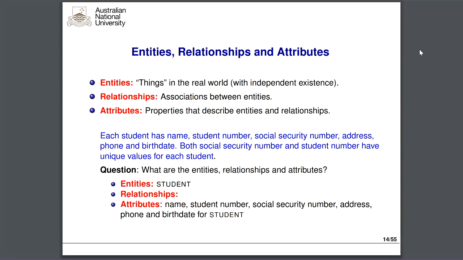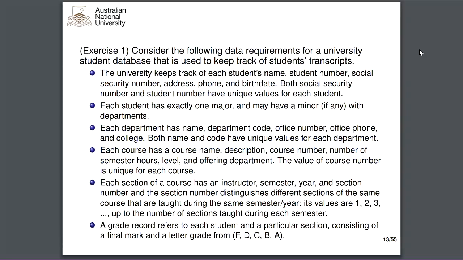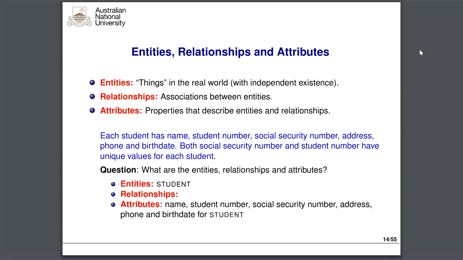Now looking into entities. Entities are things in the real world that may exist independently. In language, they are basically the subject of the sentence. Subjects of the sentences are the entities in this case, or sometimes maybe in other parts of the articles.